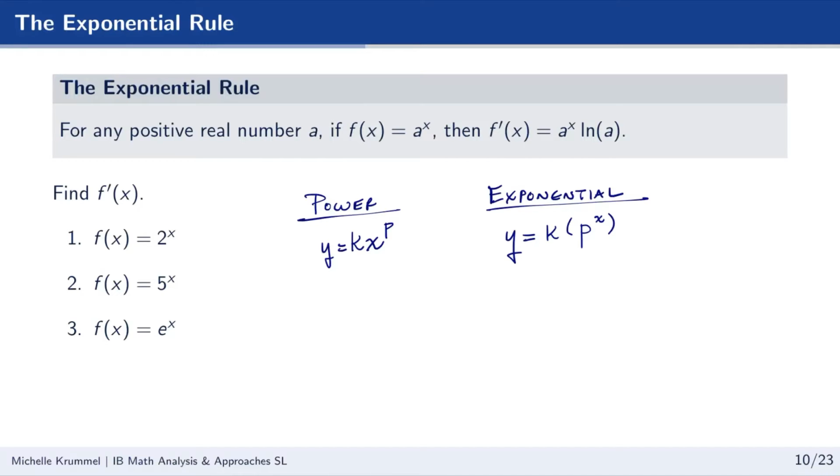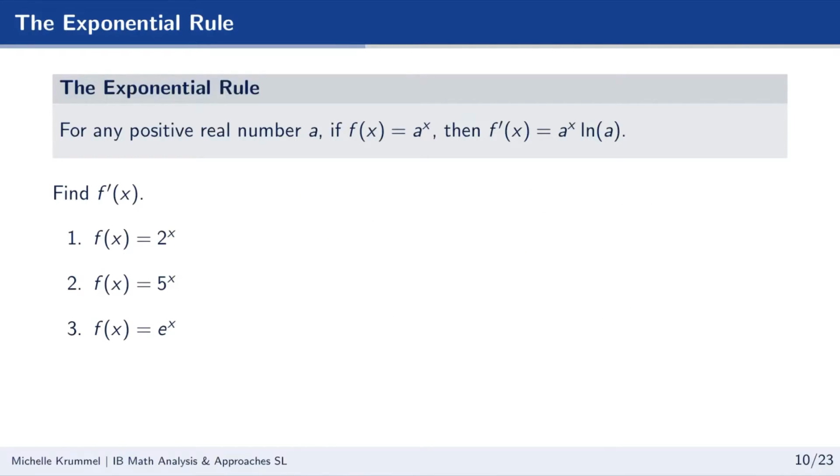In an exponential function, your base is a number, and your exponent is a variable. Okay, so it's different. Y equals x to the power 2 is a power function. Y equals 2 to the power x is an exponential function. Very important difference there.